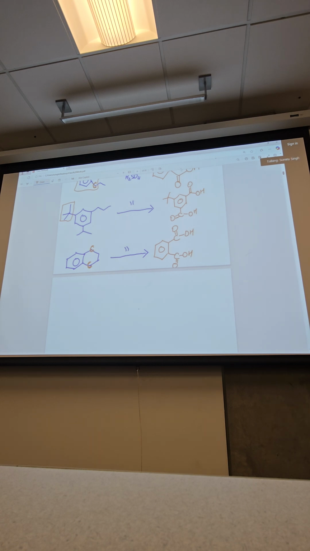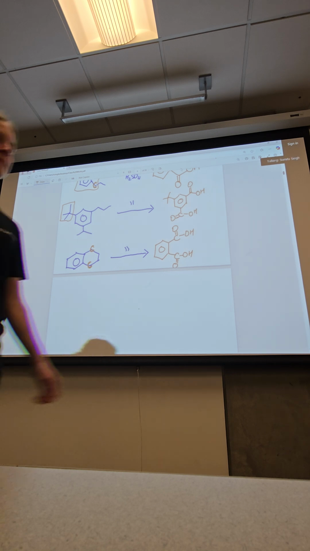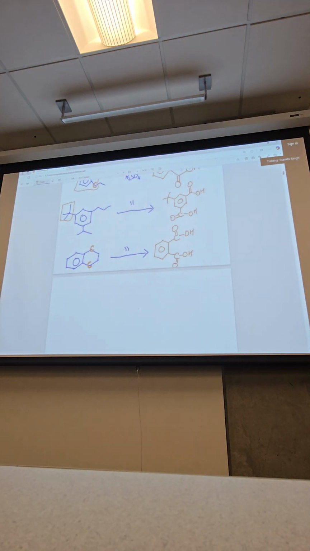Questions? So far the two reactions we have looked at are both taking place at the benzylic position, either brominating the benzylic position or oxidizing the benzylic position. Now the rest of everything we will do in this chapter is not on the benzylic position but on the benzene ring.